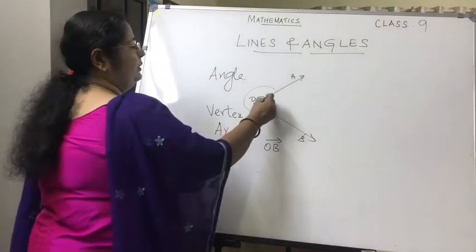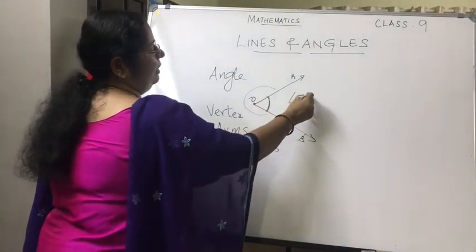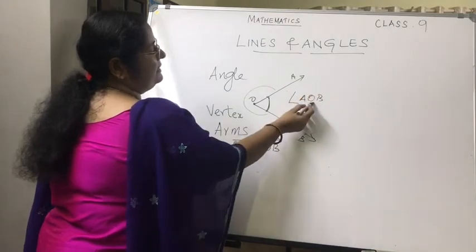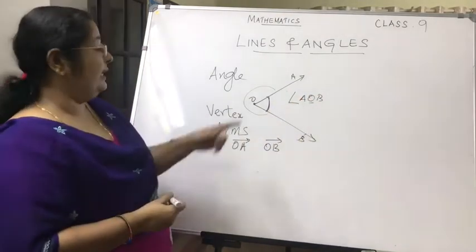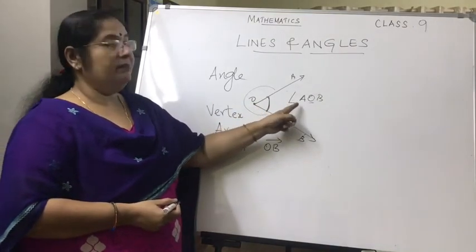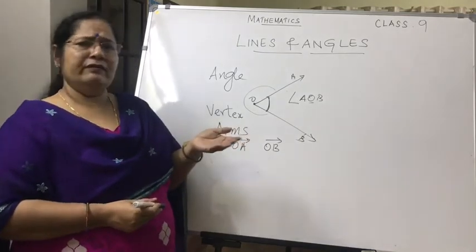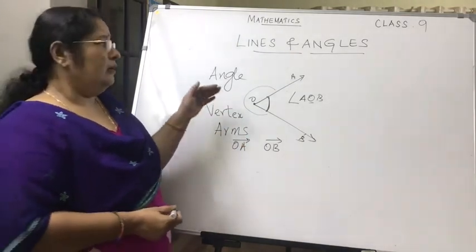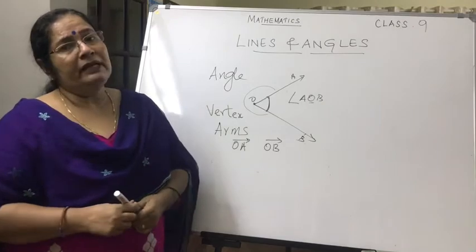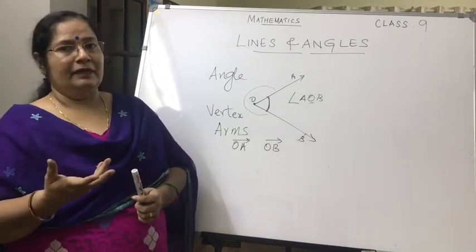This will be named as angle AOB. The letter denoting the vertex is written in the middle. So this angle is named as angle AOB. These are all preliminary things we have learned in class 6. Now this is angle. Now we will be learning different types of angles.